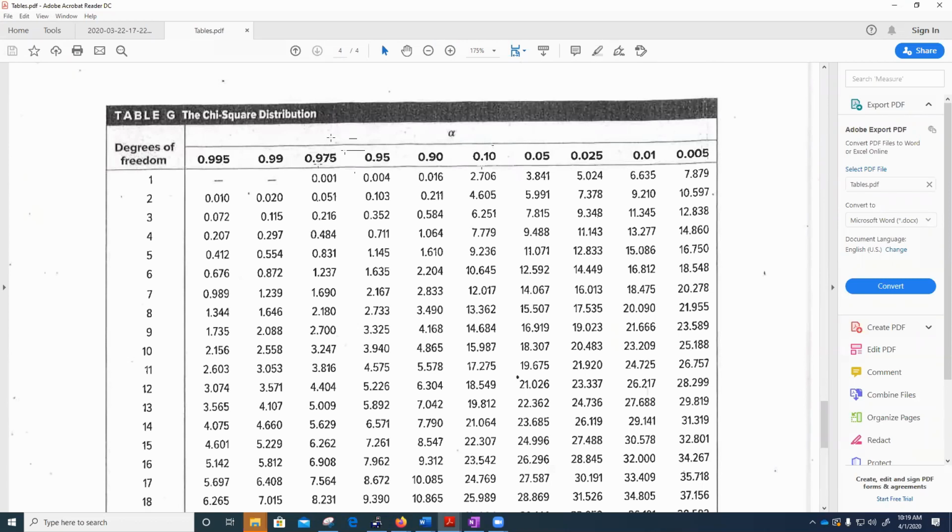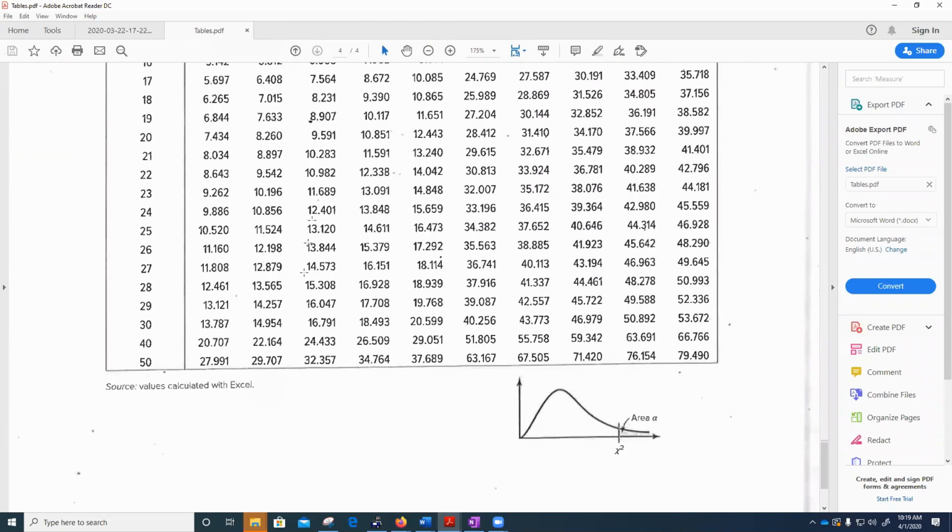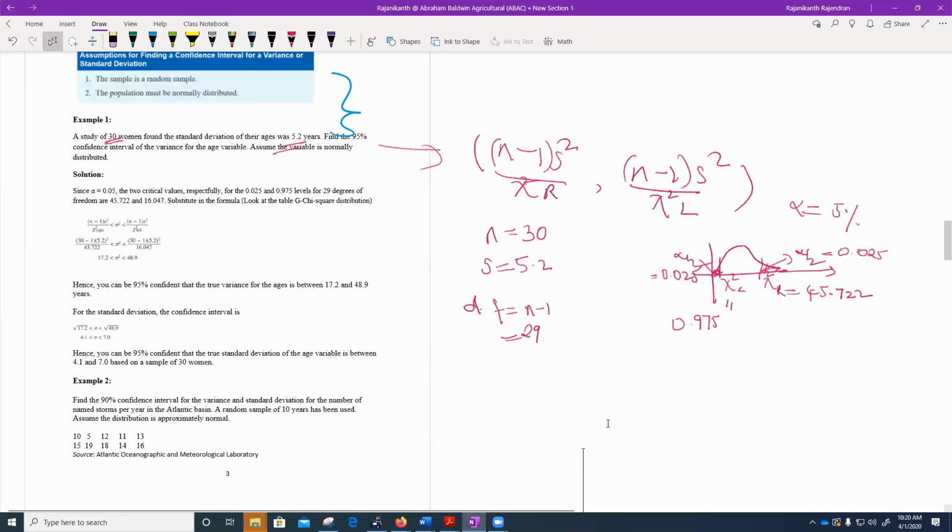For 29, it is 16.047. So these are the two values. Plugging all the values in, you will get the answer.